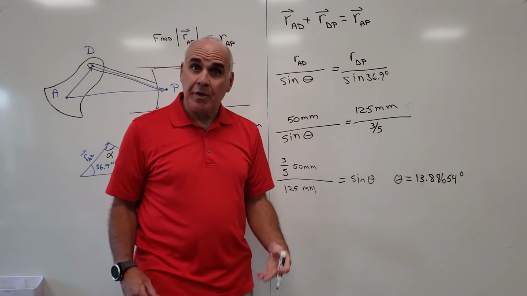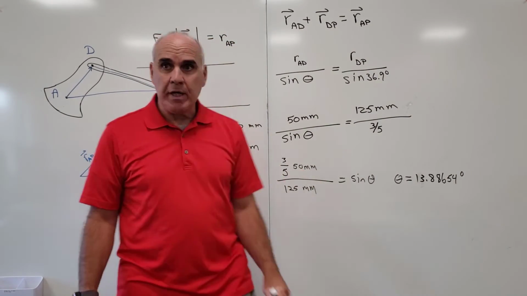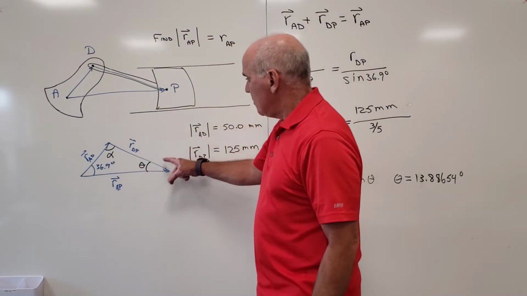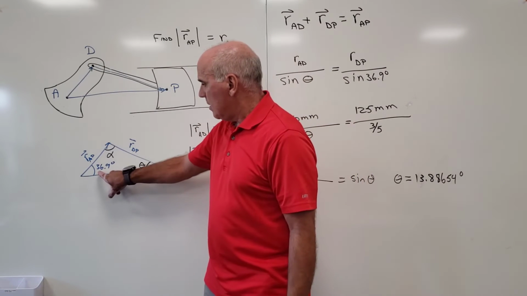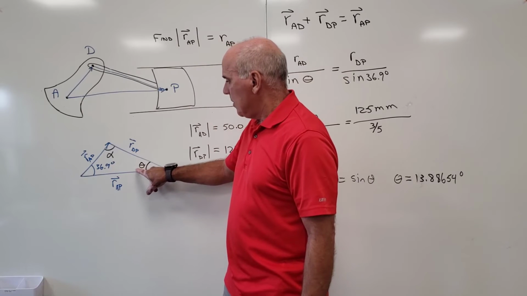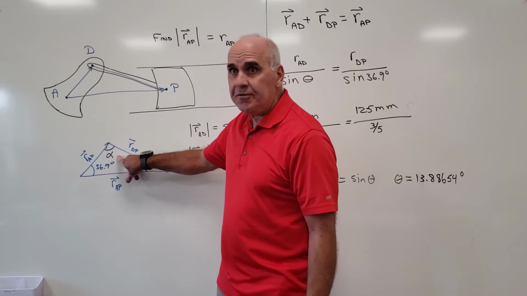Okay, so I've got that angle, so now I know what theta is. And then I can use 36.9 plus 13.89 and I can solve for alpha.